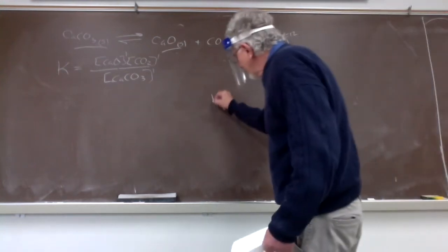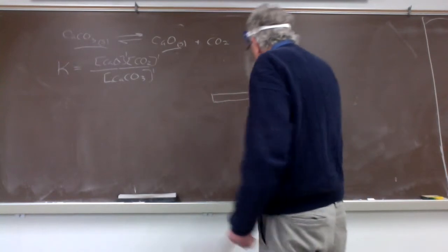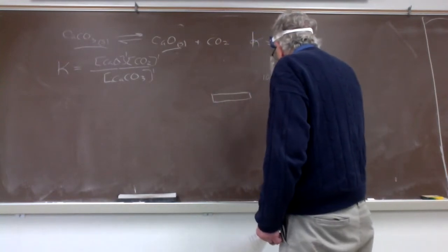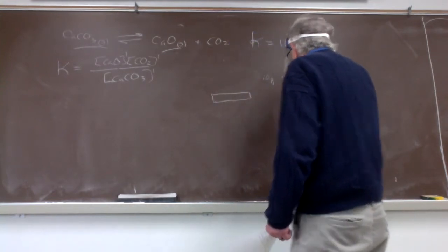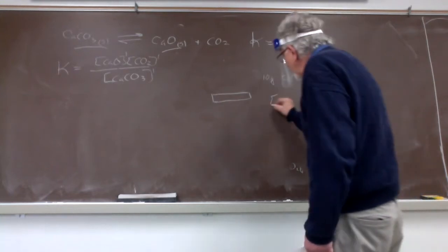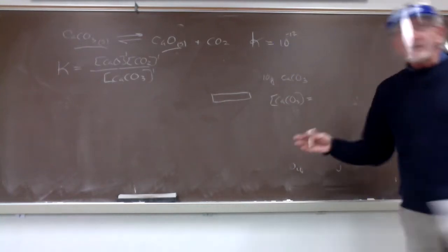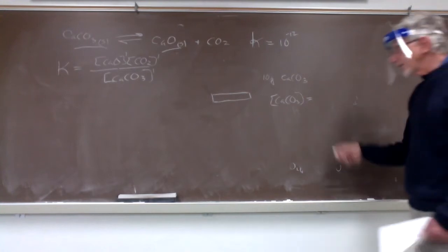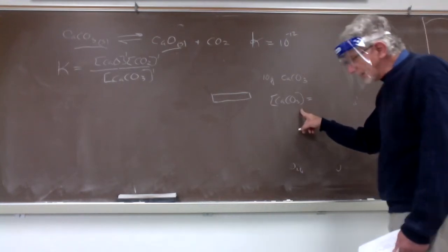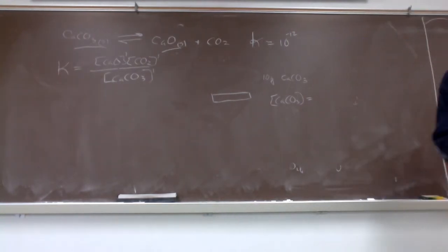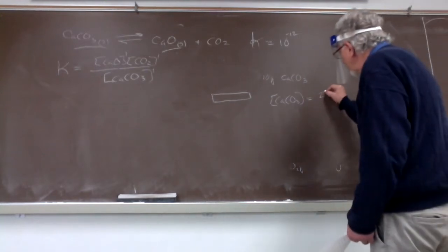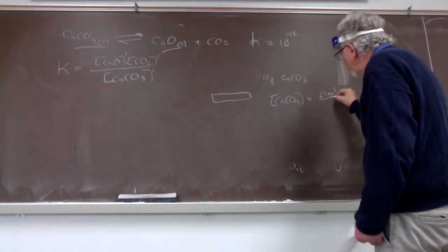Think about this. Let's say I have a piece of chalk. Let's say I have 10 grams of chalk, of calcium carbonate. And what is the concentration of that calcium carbonate? Well, I've done the calculation earlier, and it turns out that the concentration in moles per liter of calcium carbonate is 27 moles per liter.